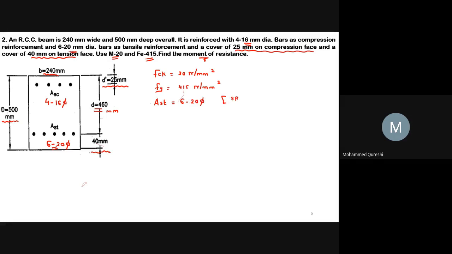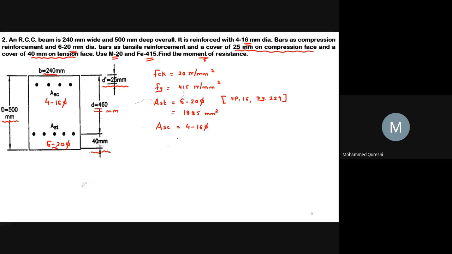Now from SP16 page number 229, you will get the value of Ast as 1885 mm square, and the value of Asc is given as four numbers of 16 dia bars.